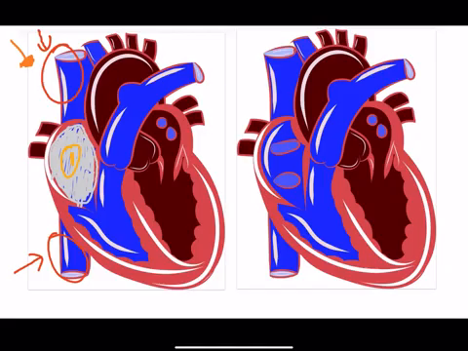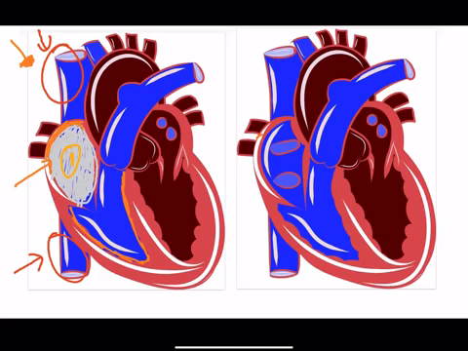Well, we see that there's another chamber sitting down here. Let me do it in orange. This is going to be our right ventricle. So the deoxygenated blood in our right atrium will get pumped by the myocardium, which is the muscle tissue around the right atrium.